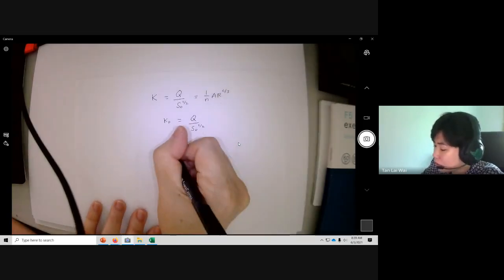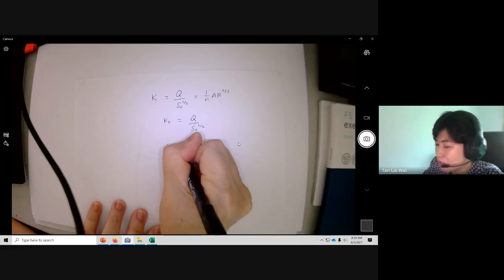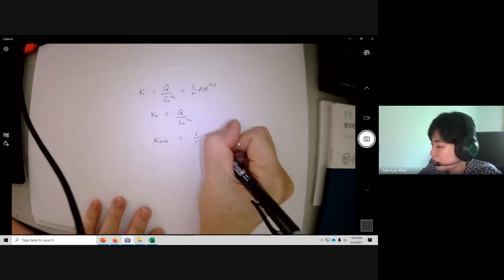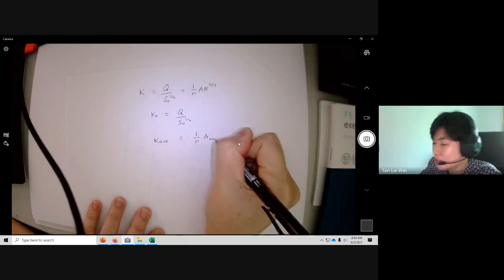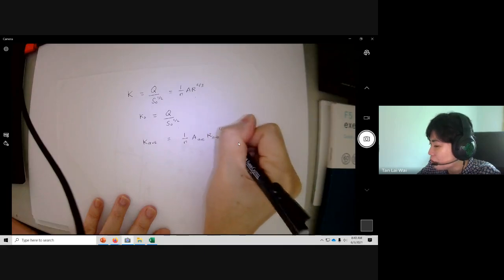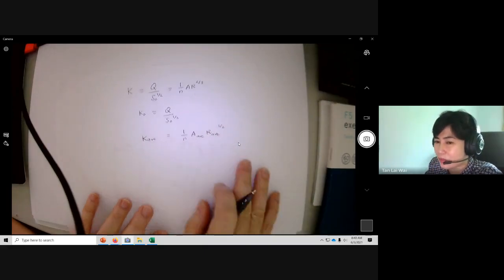Now, how are we going to find K average? K average would depend on 1 over n, A average and R average. Let's combine and simplify this.